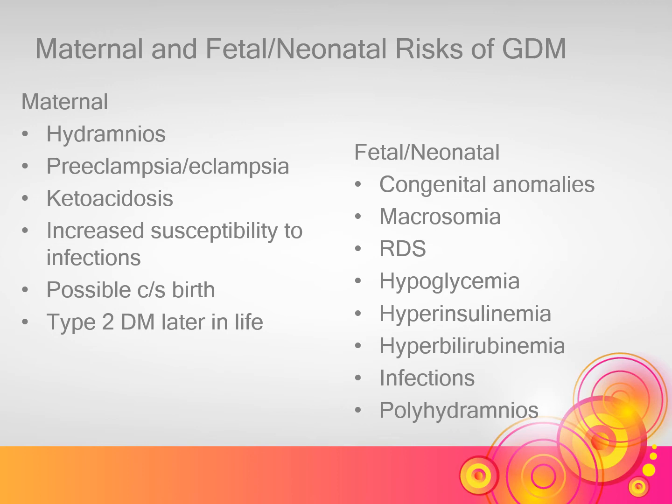So we're talking mostly vaginitis or UTIs. A possible C-section birth, really if we see polyhydramnios or macrosomia or a non-reassuring fetal status. And most women that have gestational diabetes actually will develop type 2 diabetes later on in life.